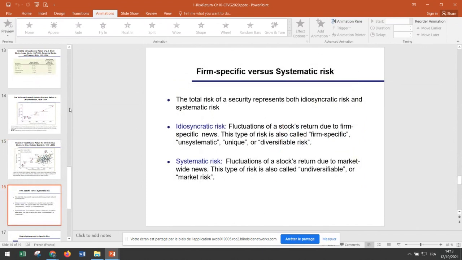And then we investigate further, and we know that the volatility of the stock measures something called the total risk, which can have two components. One is called idiosyncratic risk, which is the risk that is diversifiable. You can diversify this idiosyncratic risk, also called unsystematic risk. And you have another risk we call systematic risk, which represents the undiversifiable risk, or market risk.